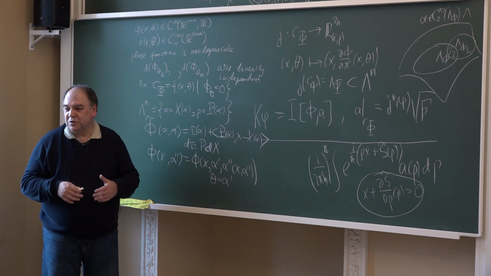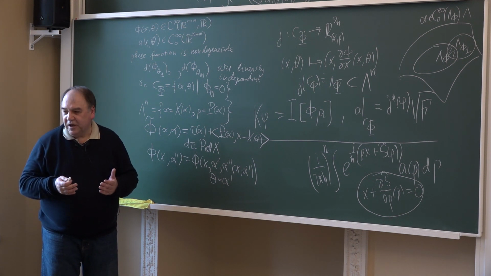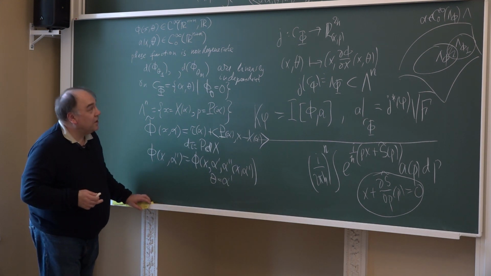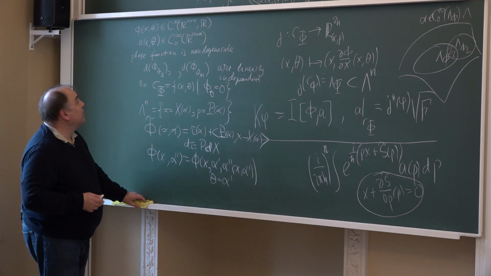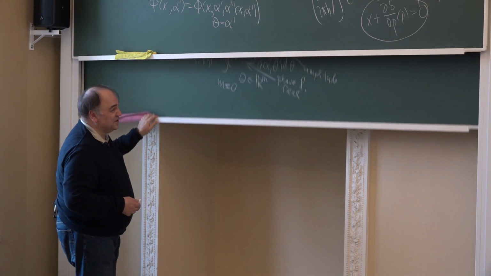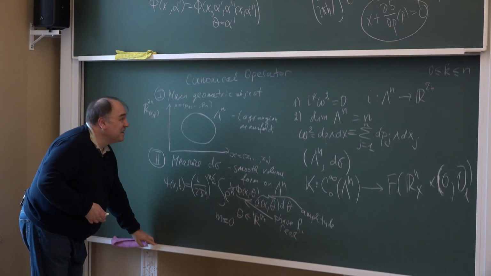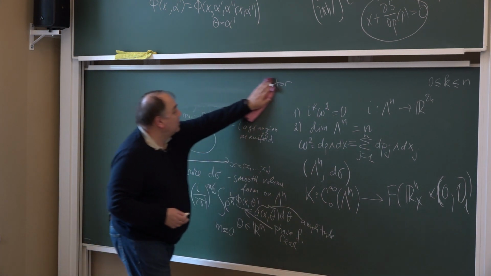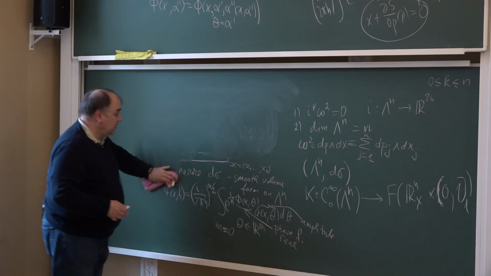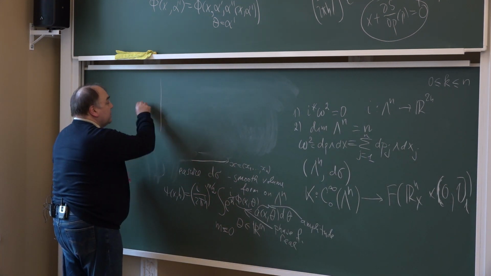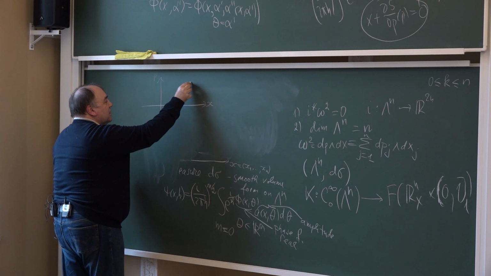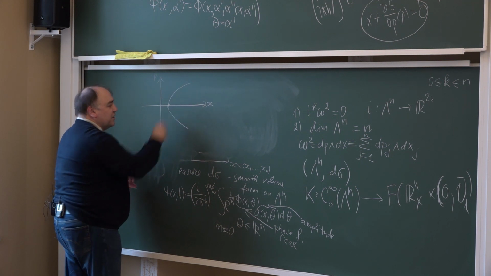For example, if you deal with an ordinary differential equation, and this equation has a simple turning point, then the Lagrangian manifold, in the one-dimensional case, locally looks something like that.